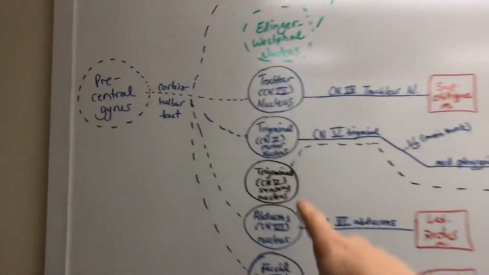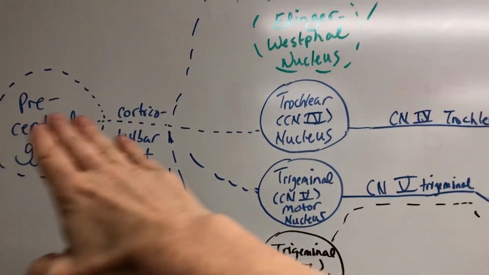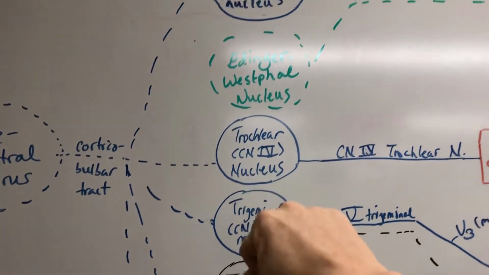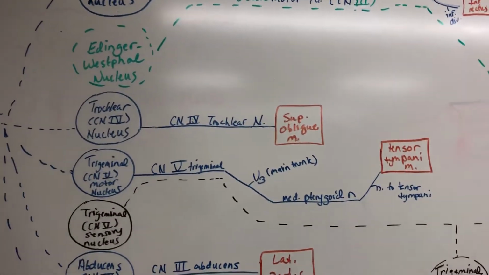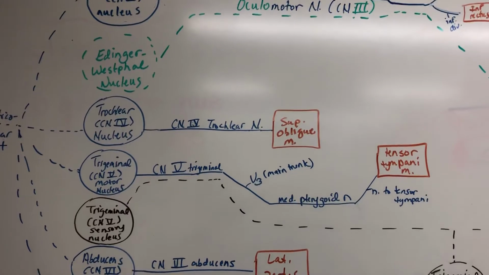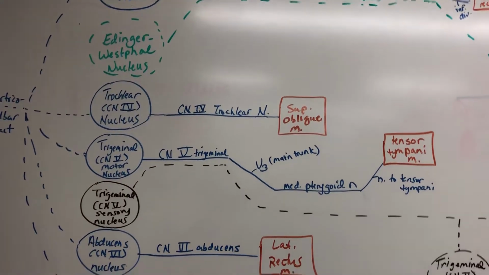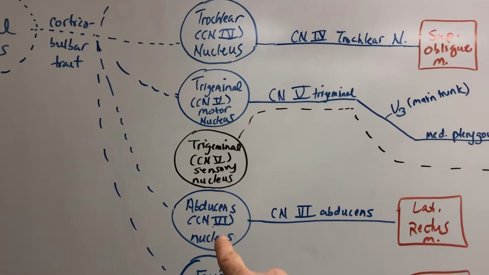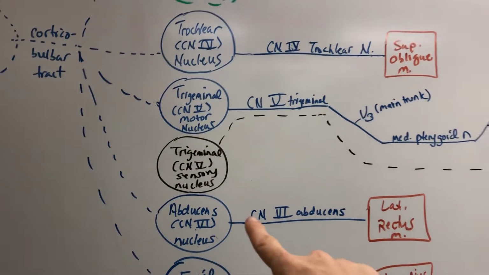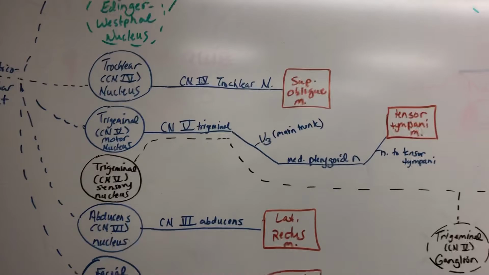When we come down over here to the trochlear nucleus, same pathway for presynaptic, we synapse on the nucleus and we send out through our cranial nerve 4, trochlear nerve over to the superior oblique, innervating 1 muscle. We can also go to this presynaptic pathway over to abducens nucleus where we synapse, and our cranial nerve 6 is going to take us to lateral rectus.